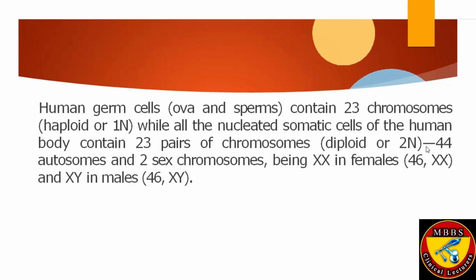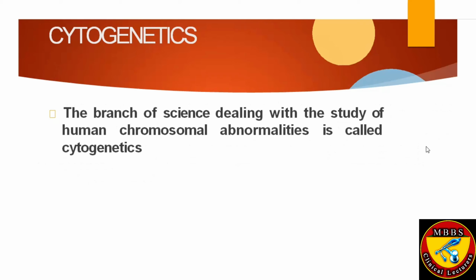That means 44 autosomes plus two sex chromosomes, being XX in a female, and in a male it will be 46,XY. Cytogenetics is the branch of science which deals with the study of human chromosome abnormalities.